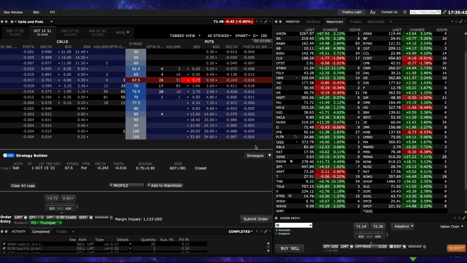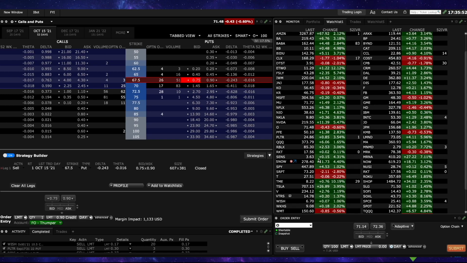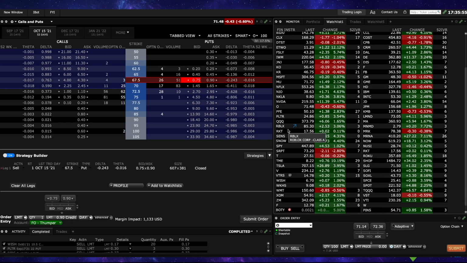What else we got here? Rocket. I think I sold some puts on Rocket today, actually. Yeah, so I'm going to skip that one because I already have a play on that. The Snow is a stock I want to sell call spreads against. But I'm going to wait until Snow pops back up towards like 290 or 300 range before I do it.